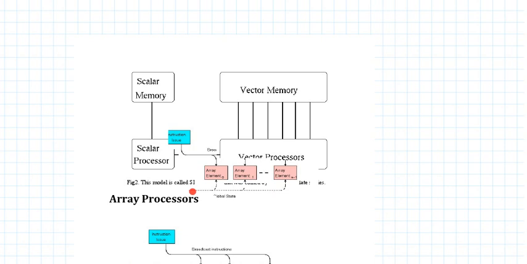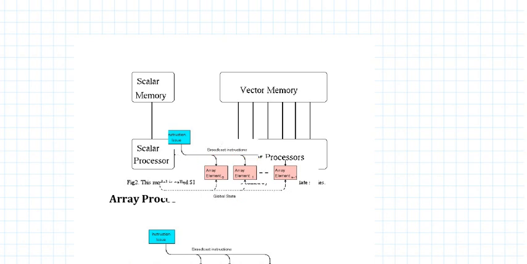Then you have a global state module. You can see this here. Now what the control processor will do is broadcast the instructions through the broadcast channel.